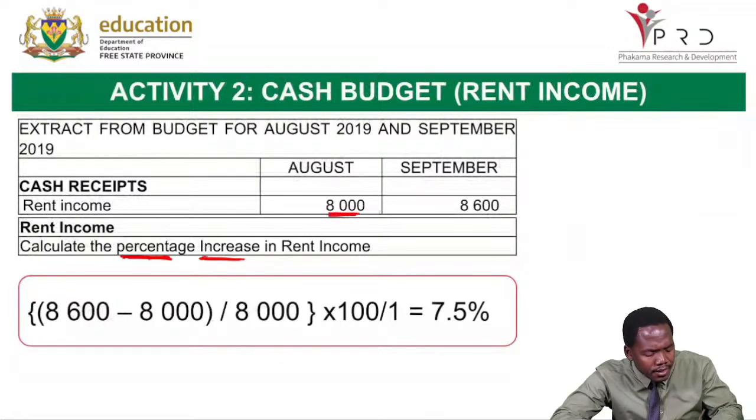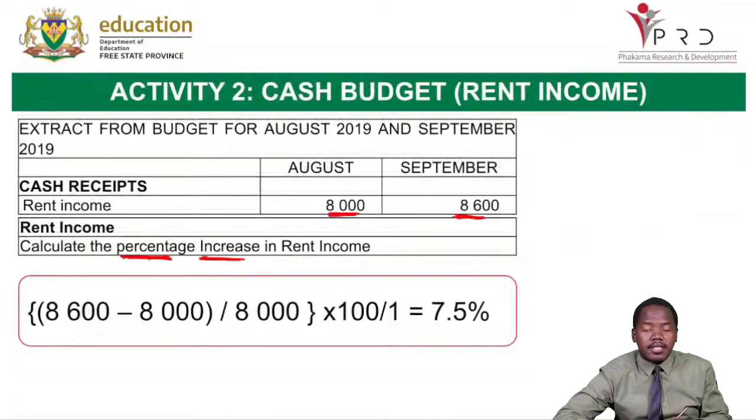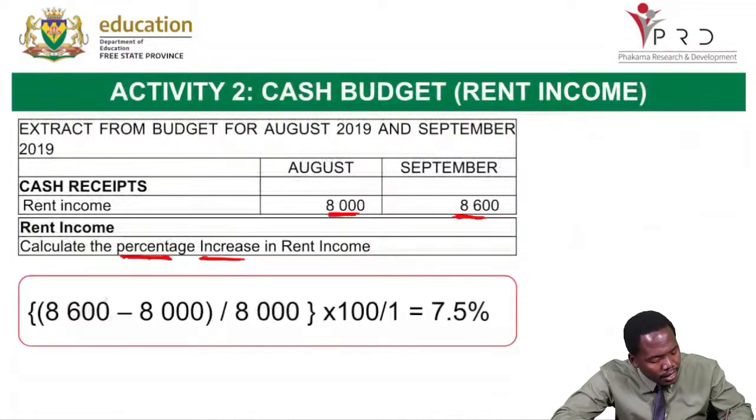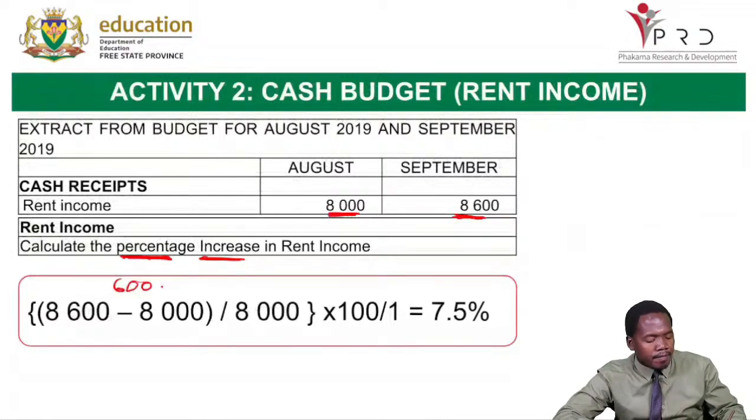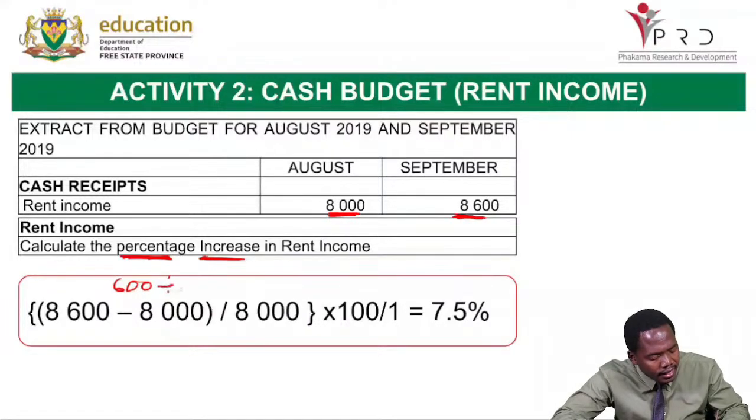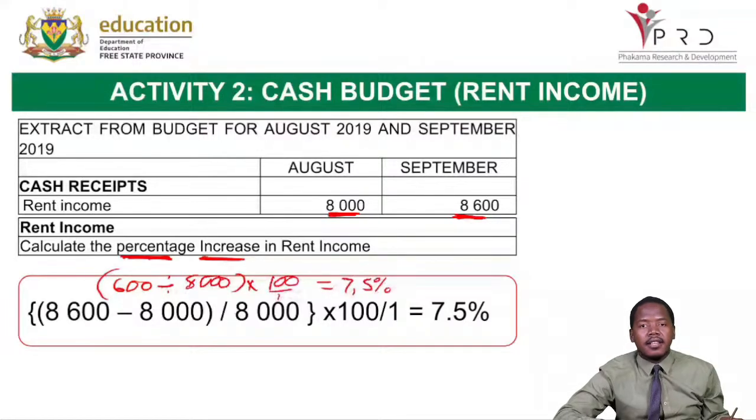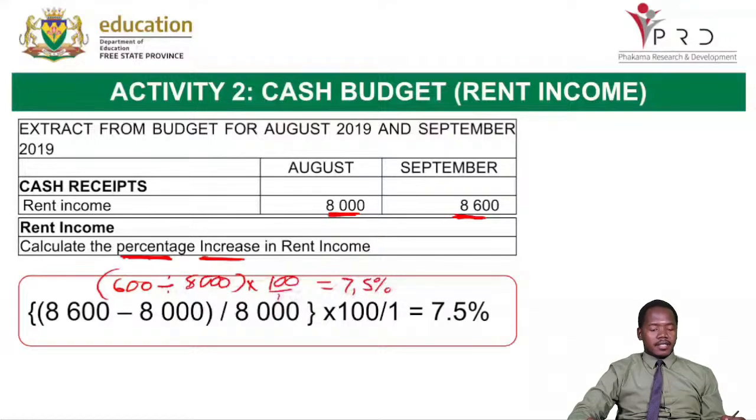Rent was 8,000, it is now 8,600. So what is the difference here? The difference will be 600 rands. Now we say 600 divided by 8,000 times by 100 over 1. And then we get 7,5%. That would be our increase.